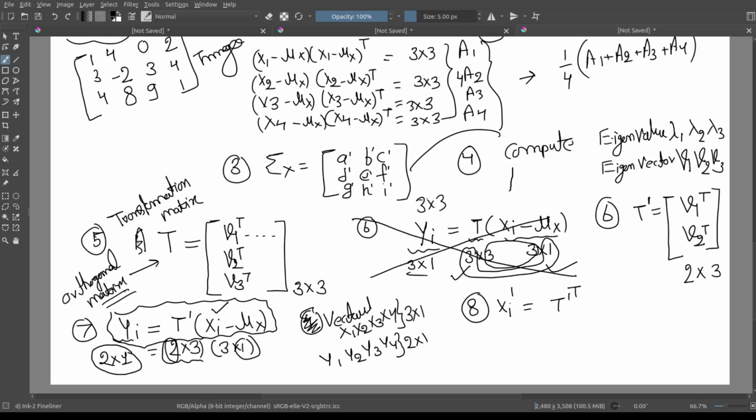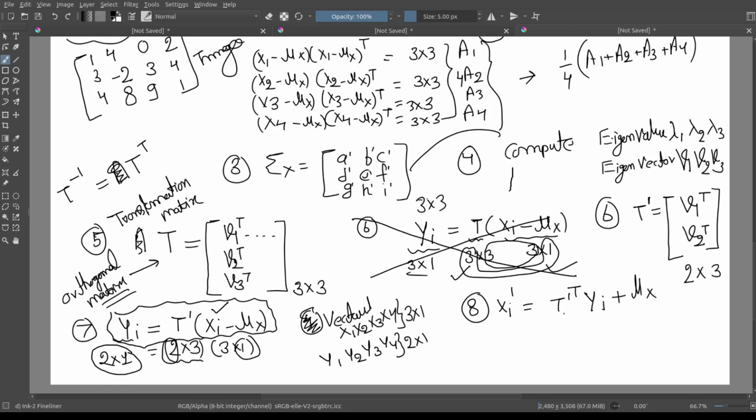If you take the inverse of an orthogonal matrix, it will be T transpose. So xi prime equals T prime transpose, T prime moved to the left hand side, multiplied with yi. Then the minus mu x is still remaining on the right hand side, so bring this to the left hand side, and it will be plus mu x.